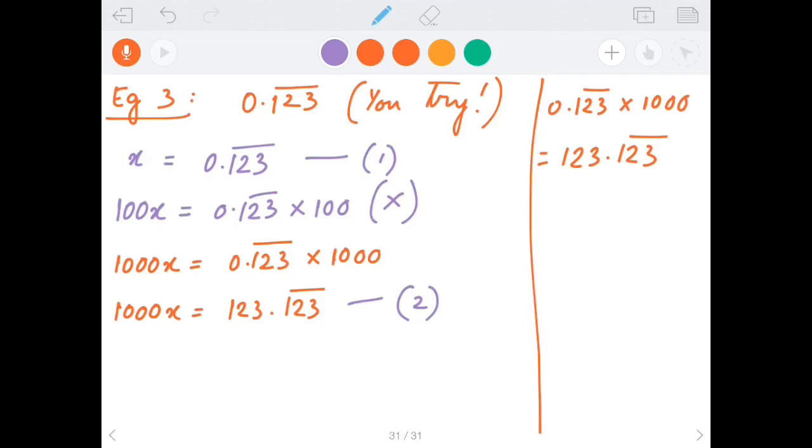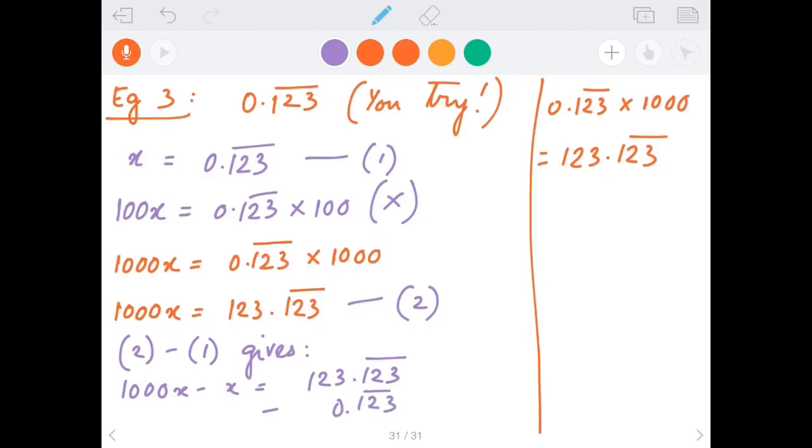And then, as usual, I'm going to do 2 minus 1, and let's see what we get. So this gives us 1000x minus x is equal to 123.123 bar minus 0.123 bar. As usual, my 0.123 post my decimal gets cancelled, so I'm left with 123, which is equal to 999x.